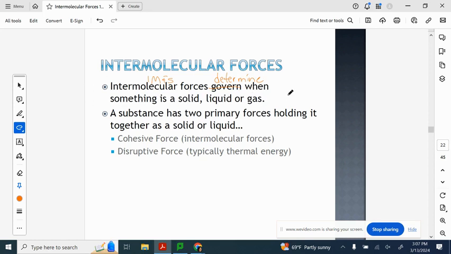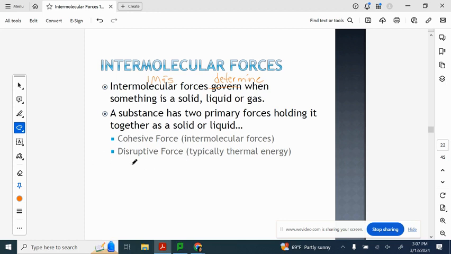This is why something is a solid, liquid, or gas at room temperature, which I think is kind of cool. Like, why is your desk a solid and water is liquid? They're all the same temperature. So why's one a solid and one's a liquid, and then you got gas out here? It all comes down to these IMFs.